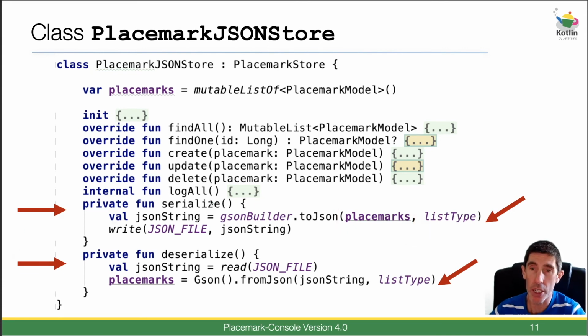But if we just look at the serialize function itself, it does two things really. It converts our placemarks mutable list to JSON, hence the toJson function, and stores it in that JSON string. Then we have this other function called write, which we'll also look at in due course, that writes out that JSON string to a particular JSON file.